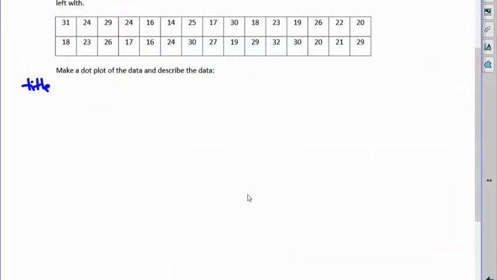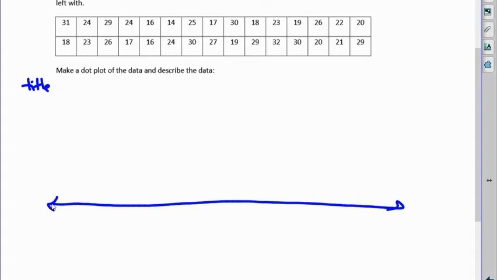So first of all, dot plots are appropriate for discrete data because they are specific values. So here's my dot plot number line that I'm going to start. And why don't I go with 14 babies, and then 15, 16, 17, 18, 19, 20, 21, 22.